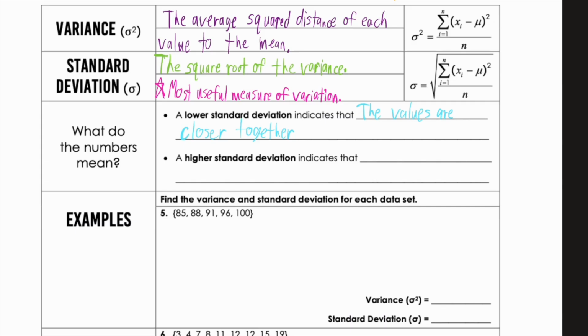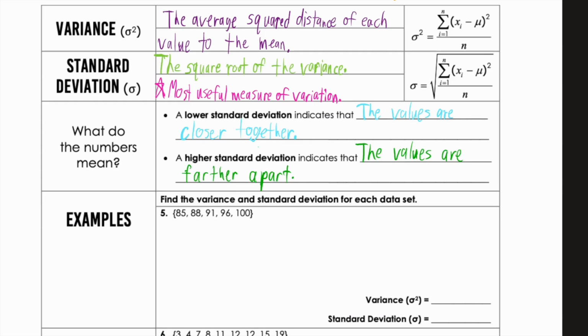And the higher standard deviation means the opposite. It means the values, let me do a capital T to match the other one, the values are farther apart. You can also think of it as more spread out and less spread out. A lower standard deviation means they're less spread out. A higher standard deviation means they are more spread out. It's just different ways of saying the same exact thing, really.